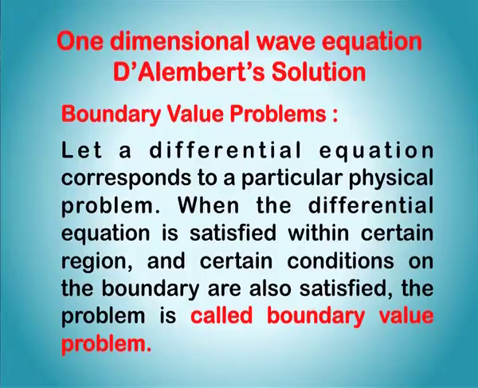When the differential equation is satisfied within a certain region, meaning in a bounded region, and certain conditions on the boundary, meaning on the periphery of that, are also satisfied at the same time, then this problem is called a boundary value problem, the first definition.